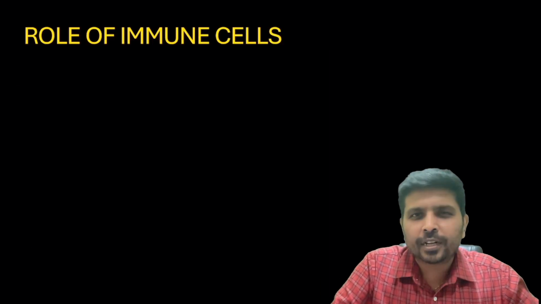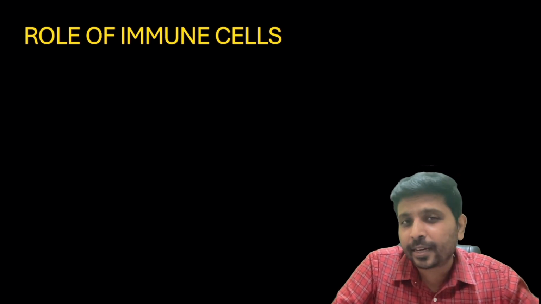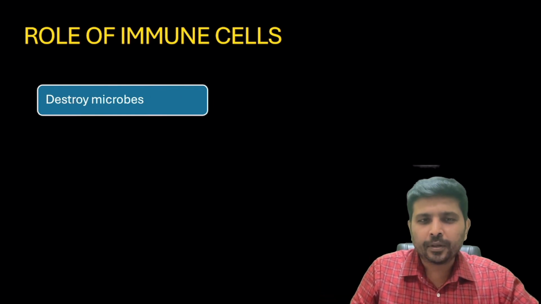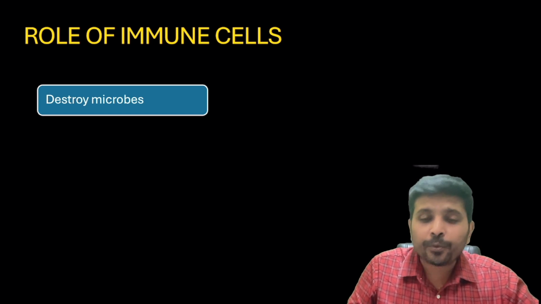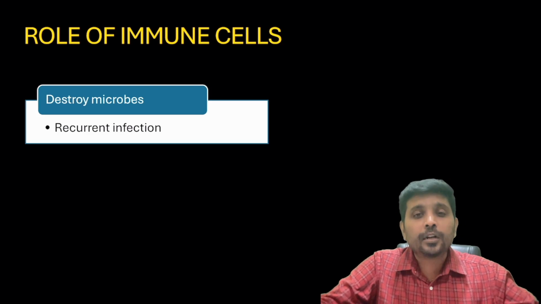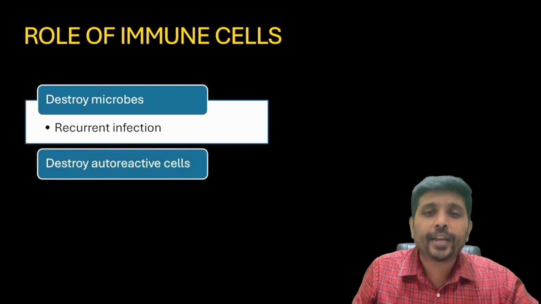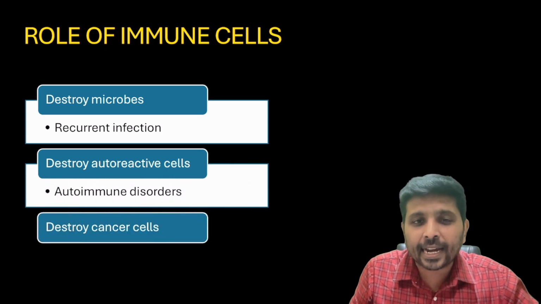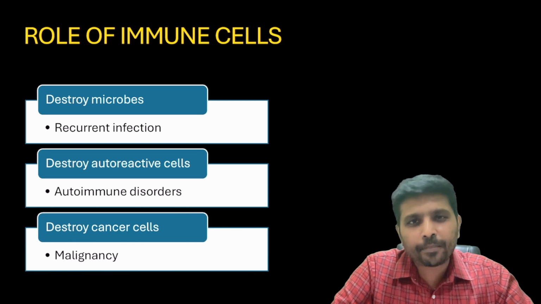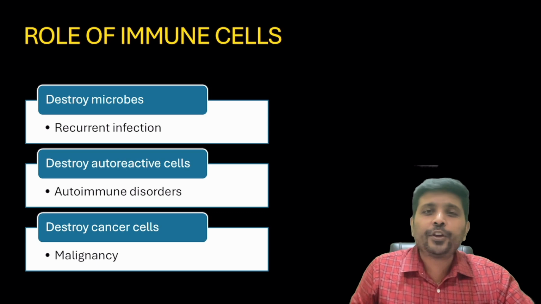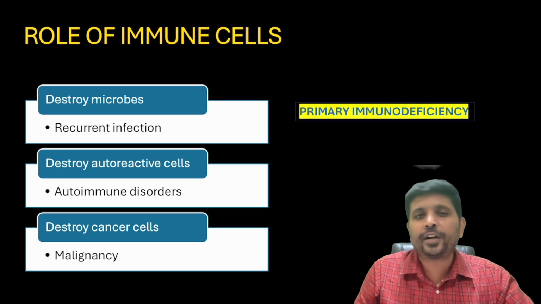What are the roles of immune cells? If you think that the role of immune cells is only to fight against microbes, it is not so. The role of immune cells is not only to fight against recurrent infection, but also to fight against autoreactive cells as well as malignant cells, that is, cancer surveillance. Previously, whenever there was a defect in immune cells, we used to call it primary immunodeficiency.